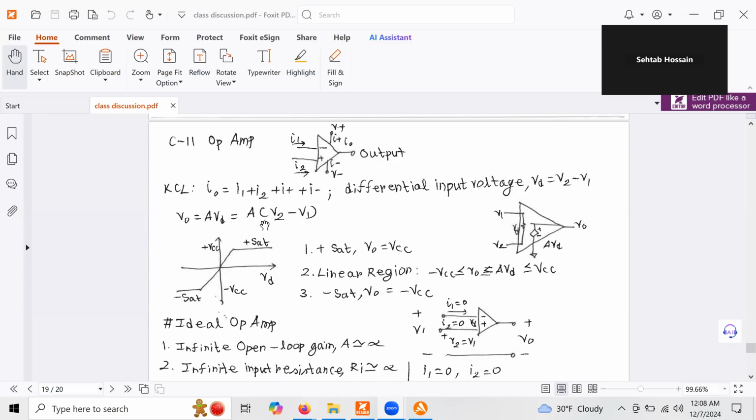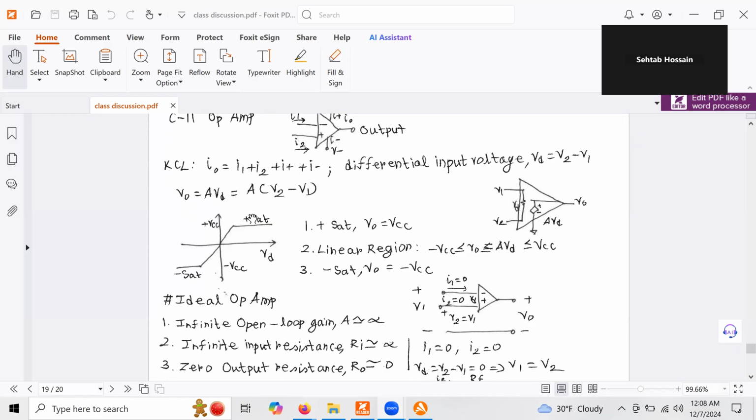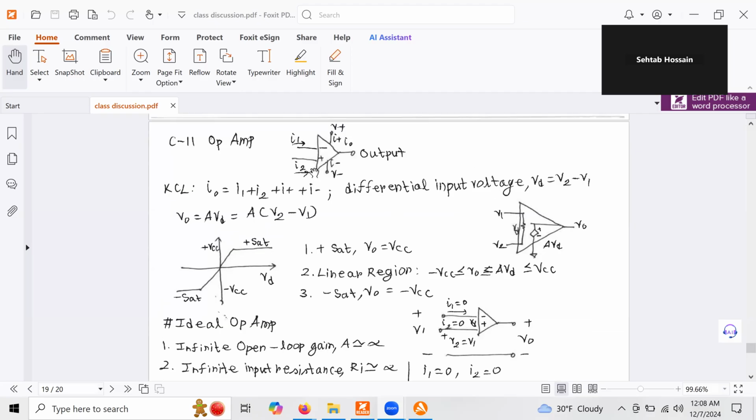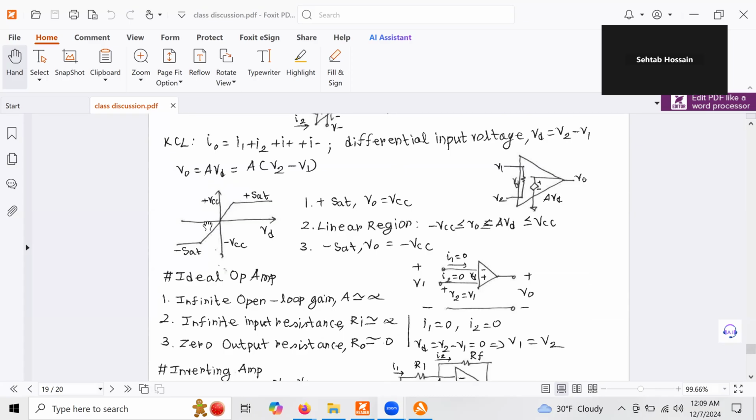A is the gain factor here. How do we get the differential input voltage? We get it from the voltage difference between the inverting and non-inverting points, and from the differential input voltage we get the gain factor. Actually, this is the open loop gain, and the op-amp works in three regions: positive saturation, negative saturation, and linear region.